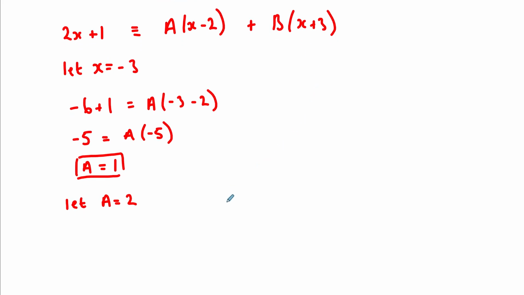So when x is equal to 2, I'm going to have 2 times 2, which is 4, add on 1 on the left, and on the right I'm going to have 0 for the a term, so it would be a times 0, so that's just going to go, plus b lots of 2 plus 3. So that's 5 equal to 5b.